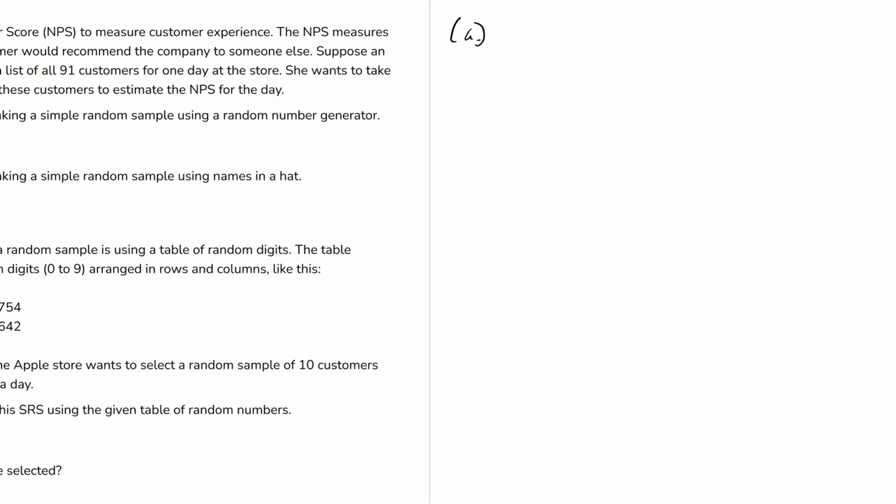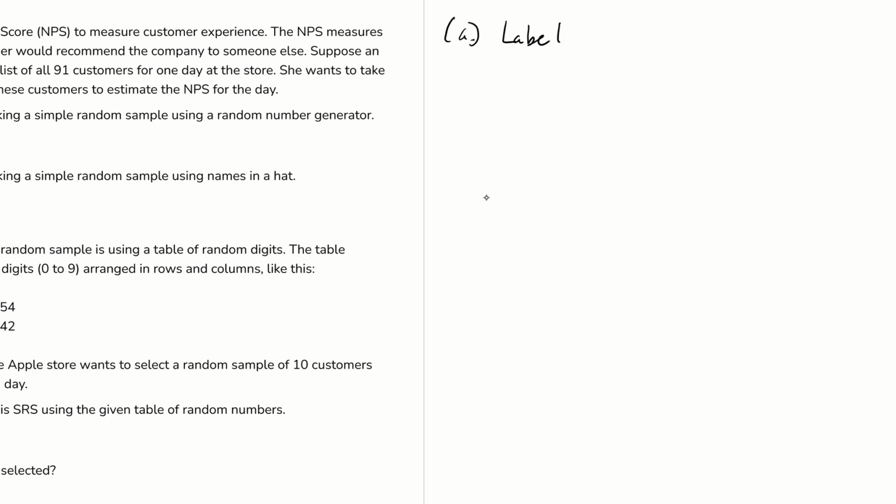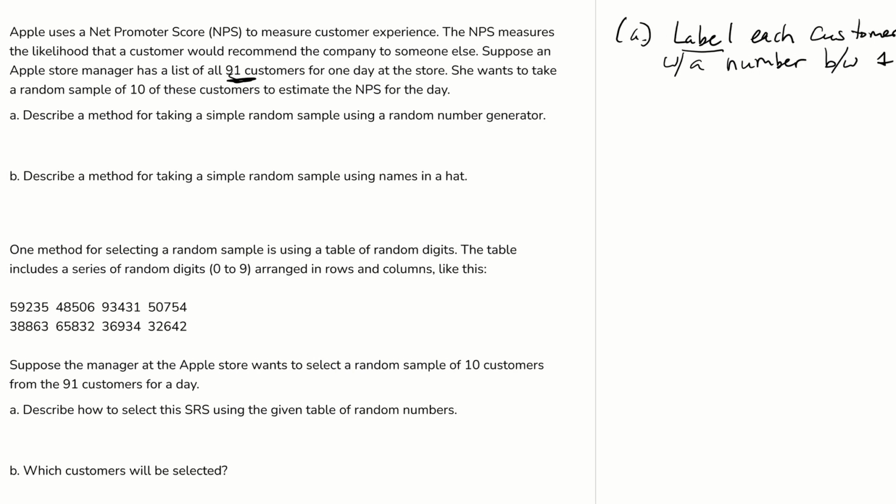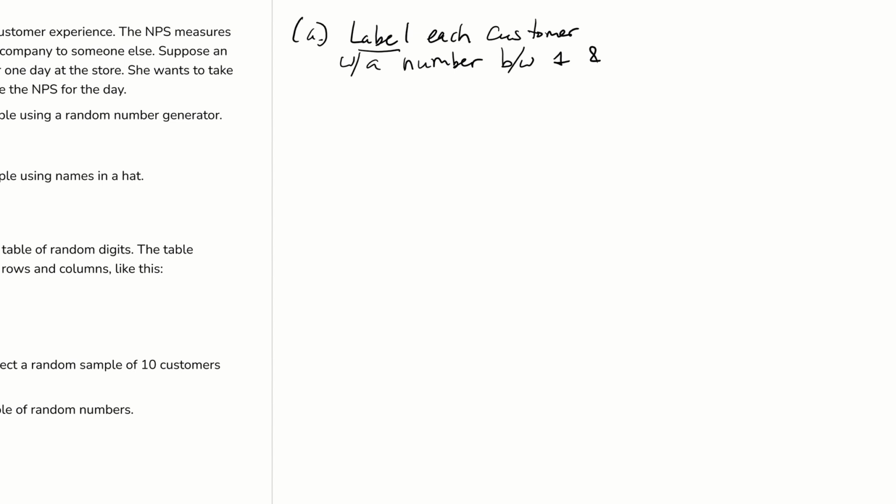So in this case, we're going to label each customer with a number, between 1 and, now here we want 91 people. So the first person is going to have number 1 all the way to 91, with no repeats.